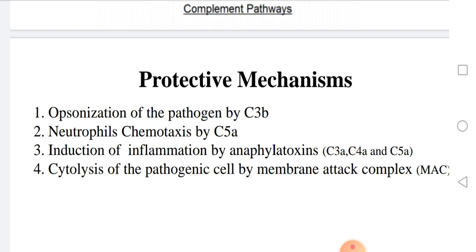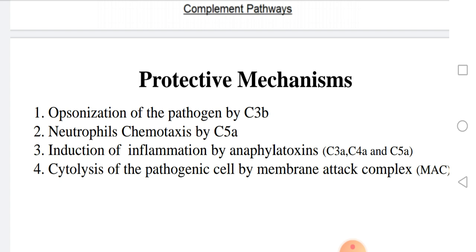You see, C5a can act as a neutrophil chemotaxis agent and as an anaphylatoxin. This will lead to induction of inflammation. Inflammation in the normal range is protective to the body.